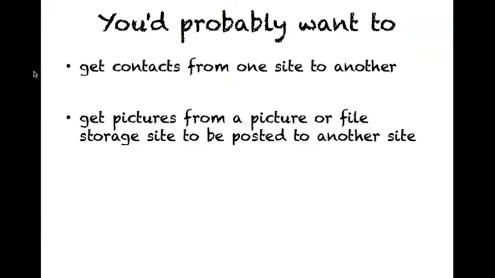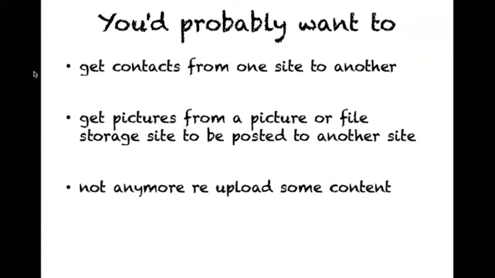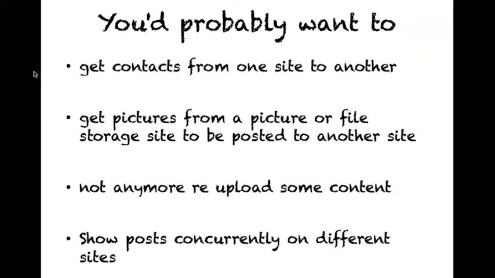And also get pictures from a picture or file storage site to be posted to another site so that you don't need to re-upload anymore. Also, you would want to show posts concurrently on different sites.